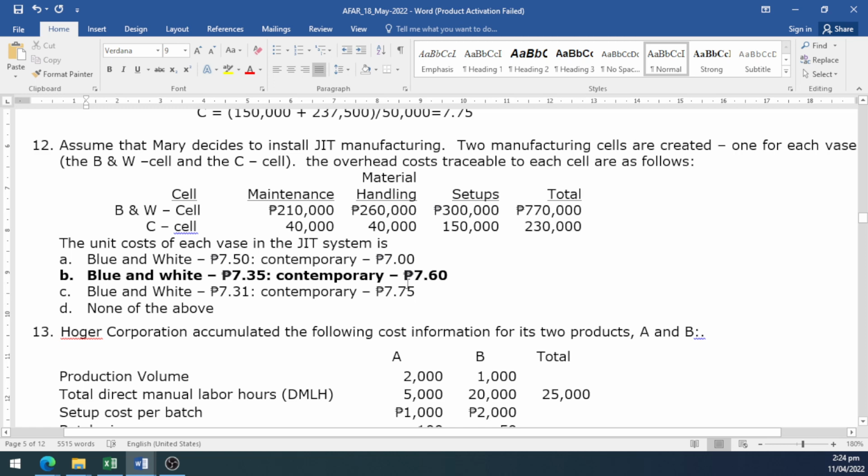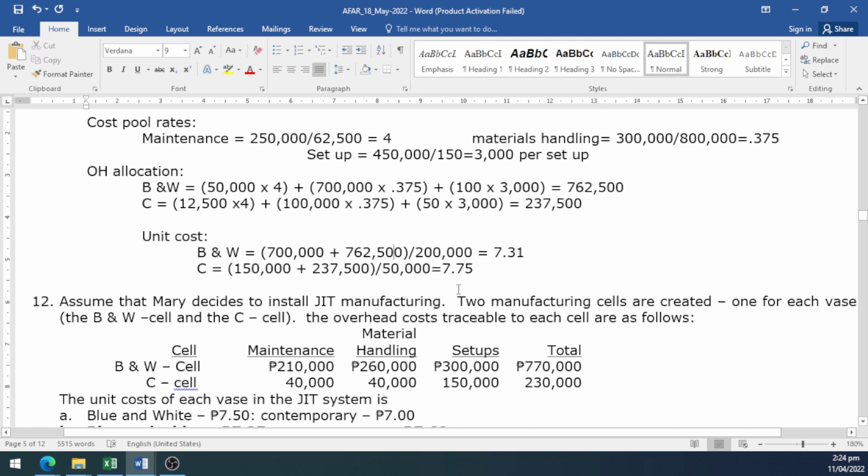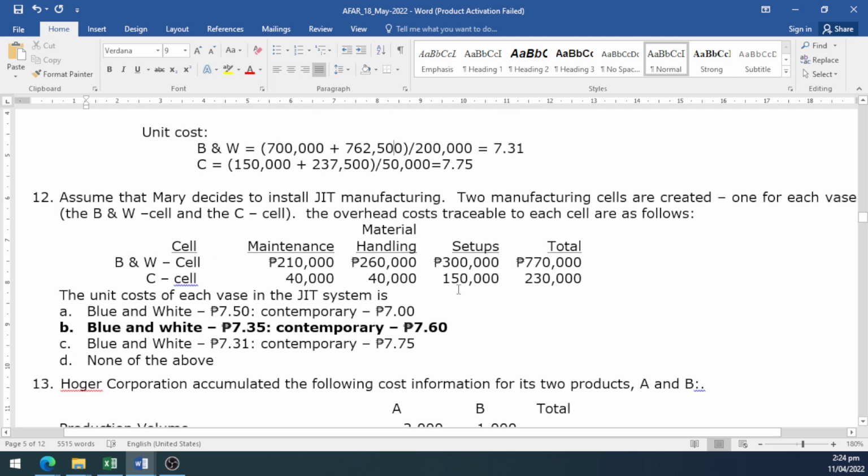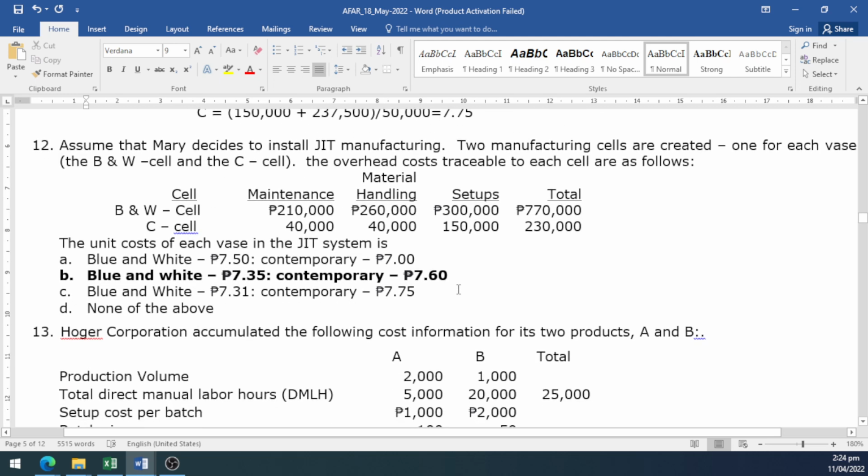For example, in the case of blue and white, which has 700,000 prime cost, 700,000 plus 770,000 divided by 200,000 units. O, yan po yung 7.35 na unit cost.